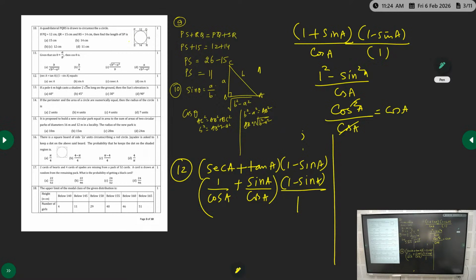Now, what should I find now? Angle. 60 degrees. Okay, okay. Now, what two sides' values did we get? Opposite and adjacent. Who is opposite by adjacent? Tan. Very good.